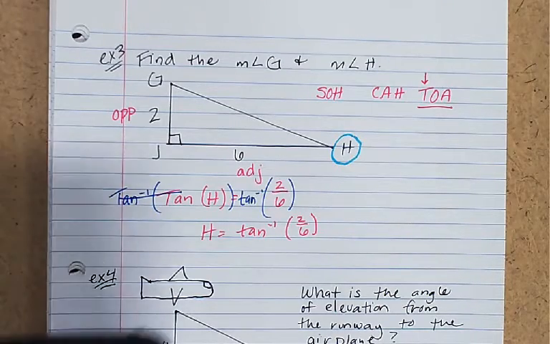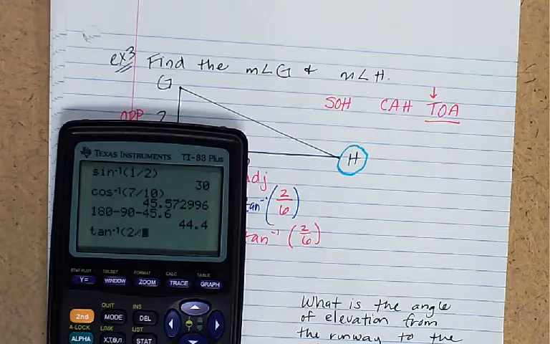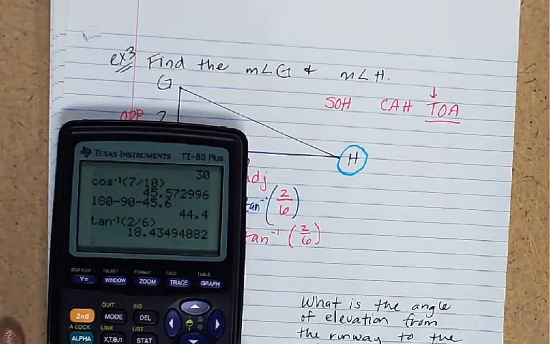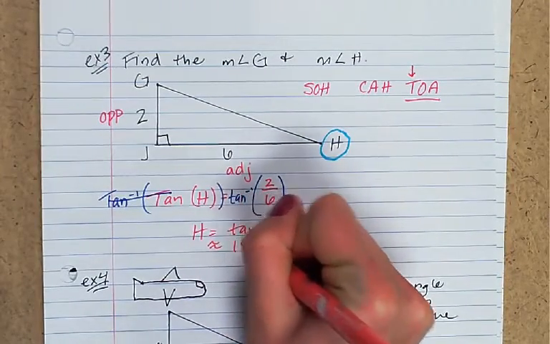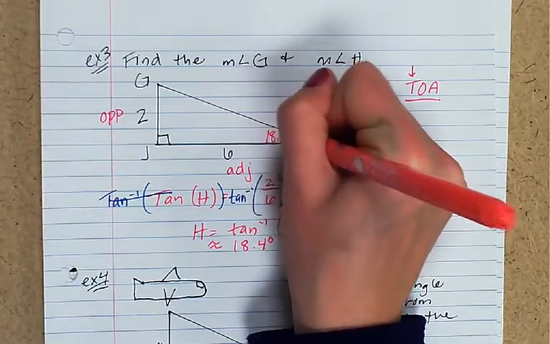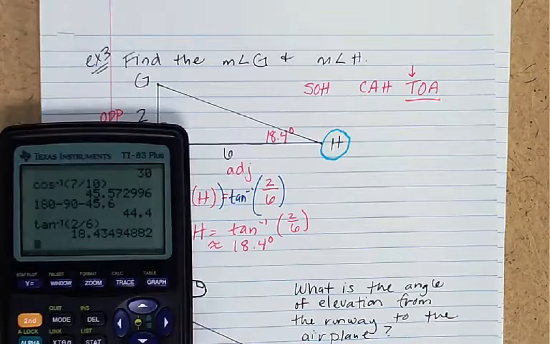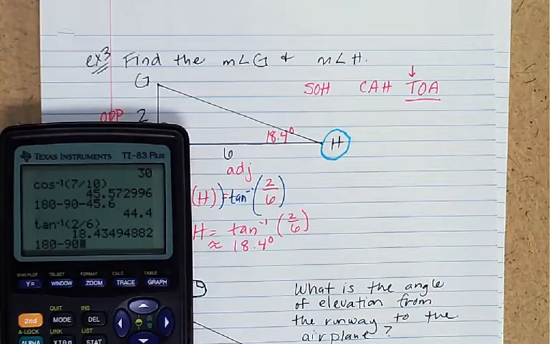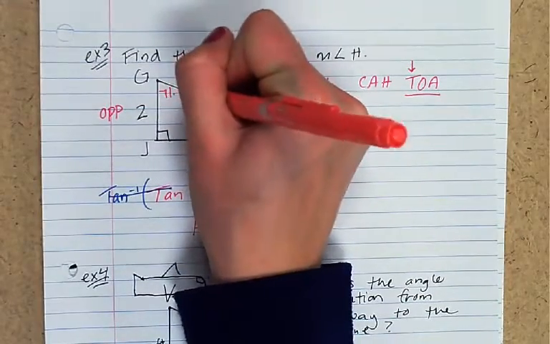From there, we just plug it in our calculator. I got 18.4 degrees. Again, we know that there's 180 degrees total in a triangle, so I can just do 180 minus the right angle minus 18.4 and get that the measure of angle G is 71.6 degrees.